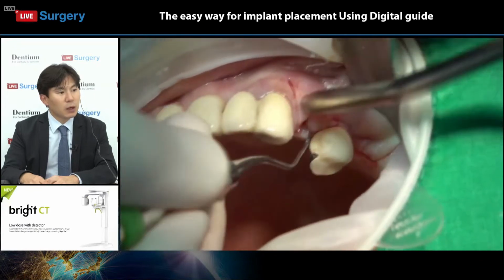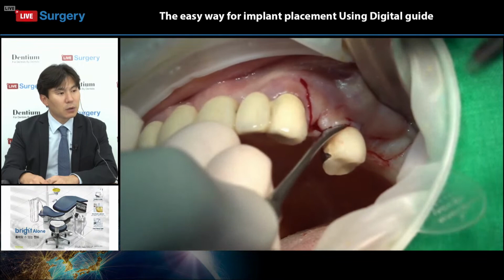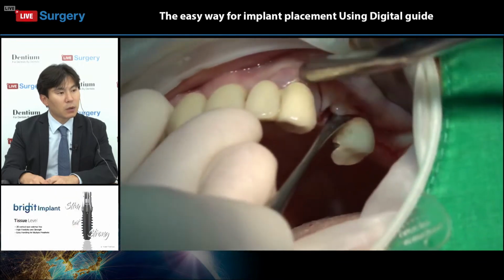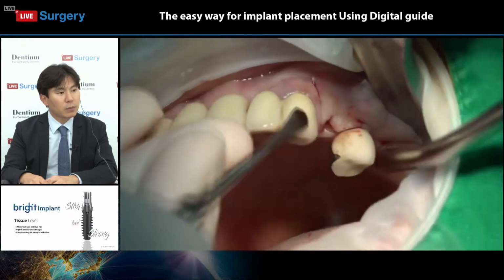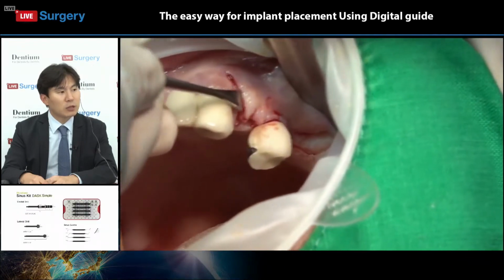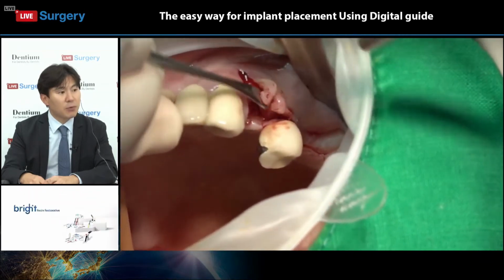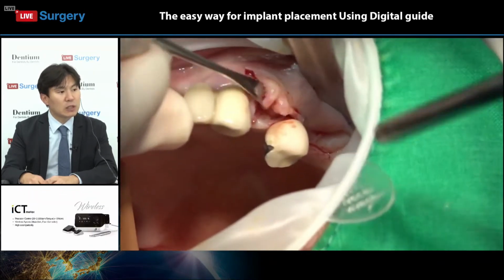He's also severing the fiber. And he's raising the flap from the medial surface of the buccal flap toward the distal area.